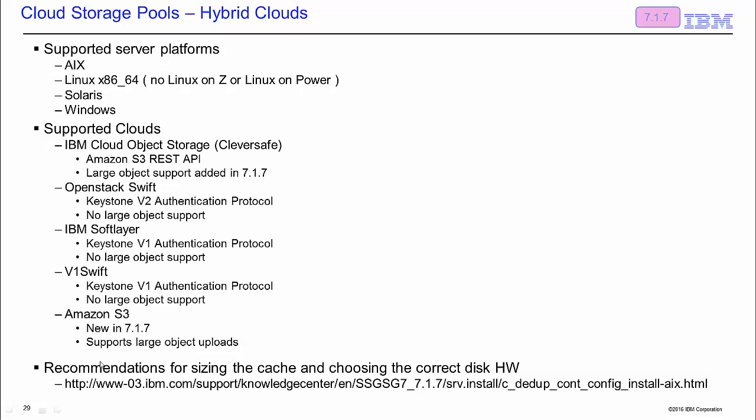Now the size of the space you're going to carve out as a staging area really depends upon the speed of your network. If you have a really fast network out to the cloud and your staging area is emptying out pretty fast, then you need a relatively small staging area. Versus if you have a slow network where we're going to have to trickle the information across that network out to the cloud.